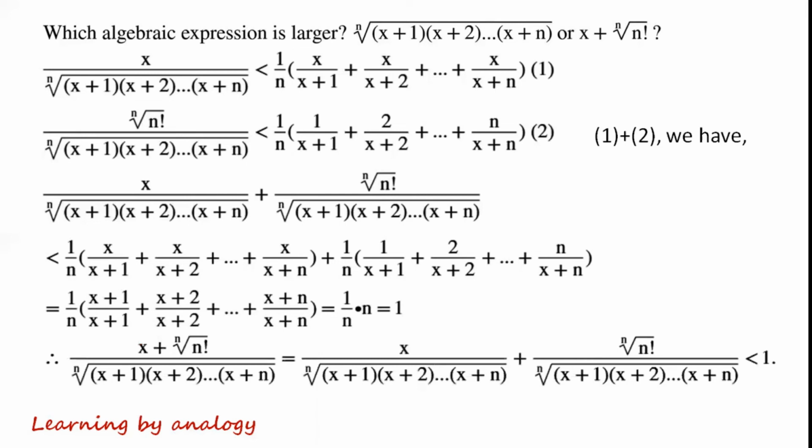So x plus the nth root of n factorial, over the nth root of (x plus 1)(x plus 2) and so on up to (x plus n), which equals x over the nth root of (x plus 1)(x plus 2) and so on up to (x plus n) plus the nth root of n factorial over the nth root of (x plus 1)(x plus 2) and so on up to (x plus n), is less than 1.